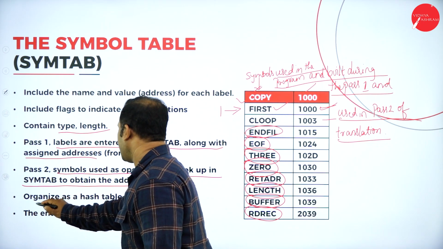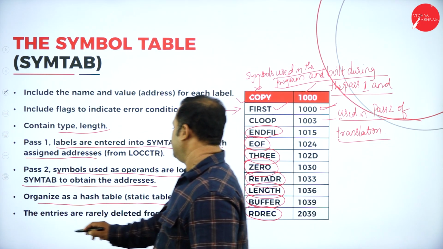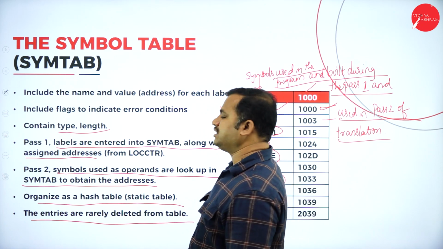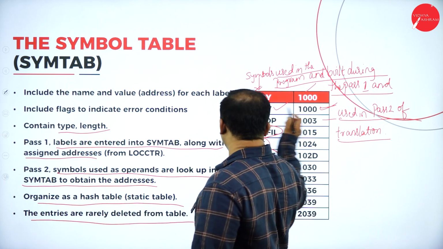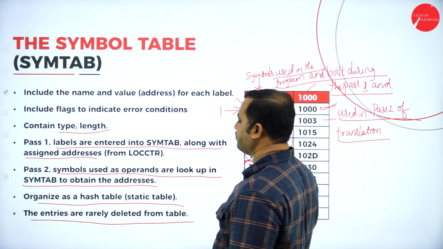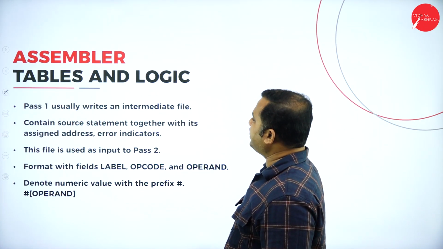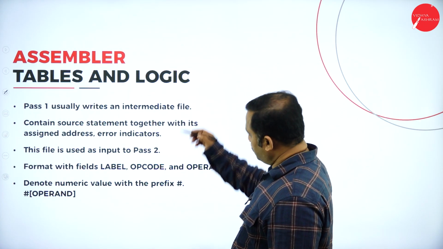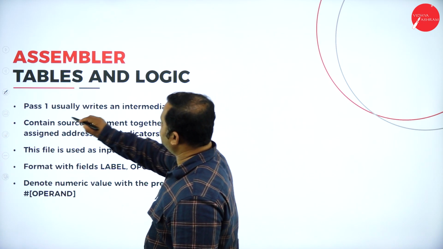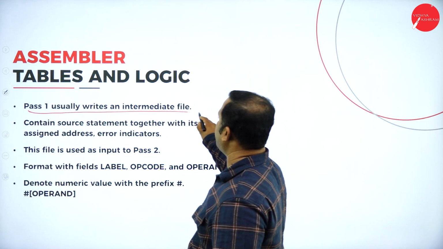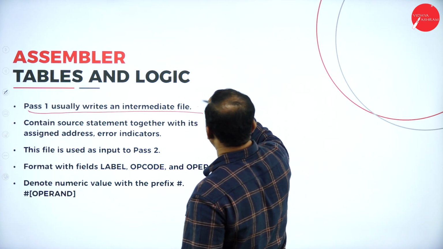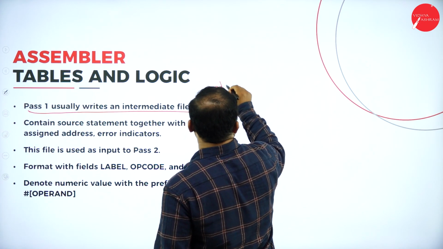Next, organize a hash table, which is a static table. The entries are rarely deleted from the table. This assembler tables and location counter includes logic like pass 1 usually writes the intermediate files.